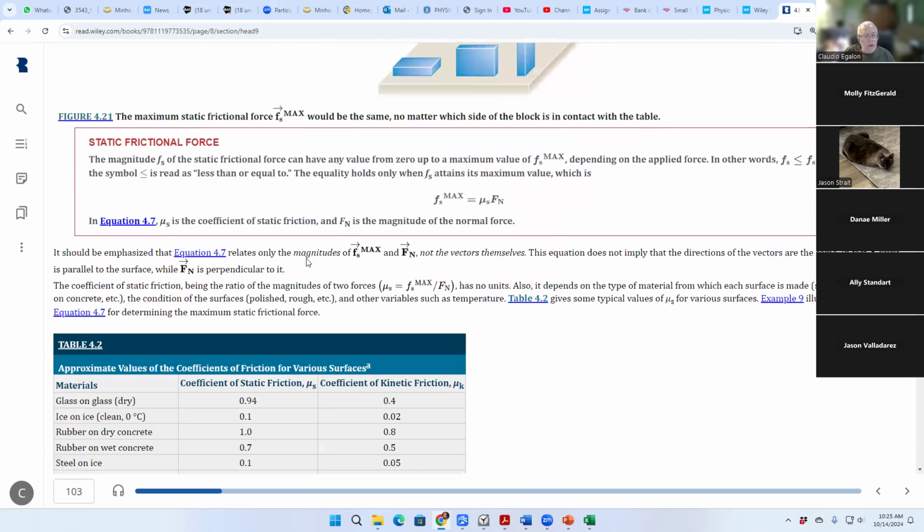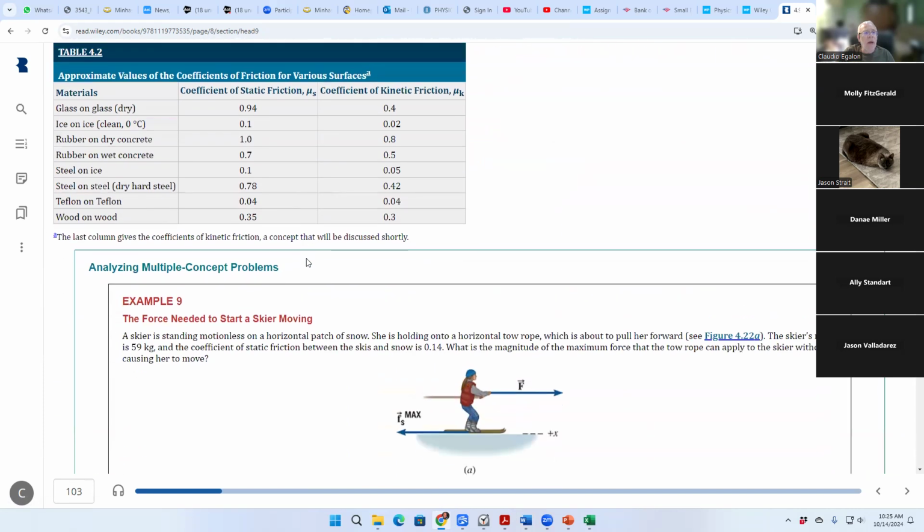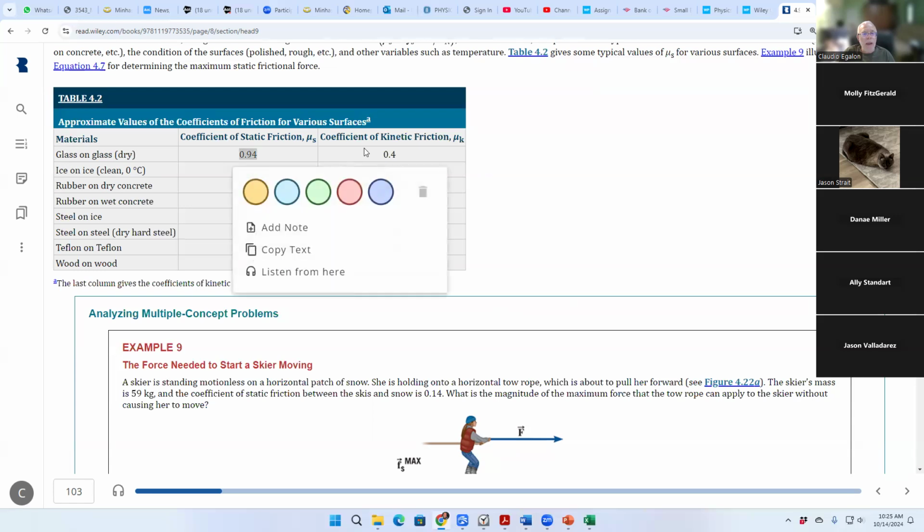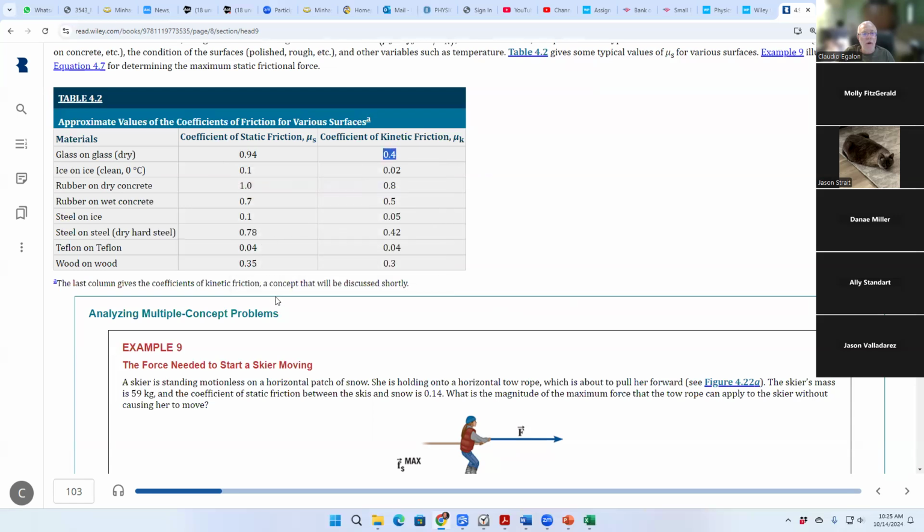Those coefficients of static and kinetic friction are obtained experimentally, and here's a table. It depends on the type of material. If it's glass on glass, just a block of glass in contact with a dry glass surface, the coefficient of static friction is 0.94, whereas the coefficient of kinetic friction is 0.4.